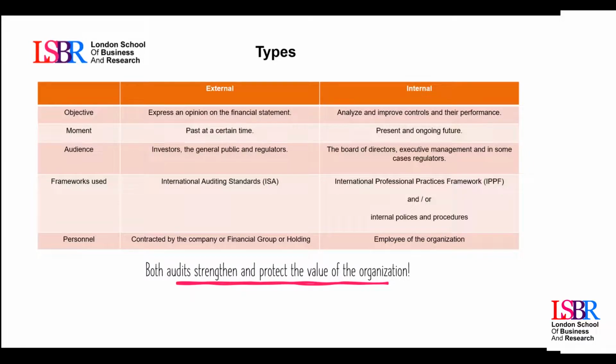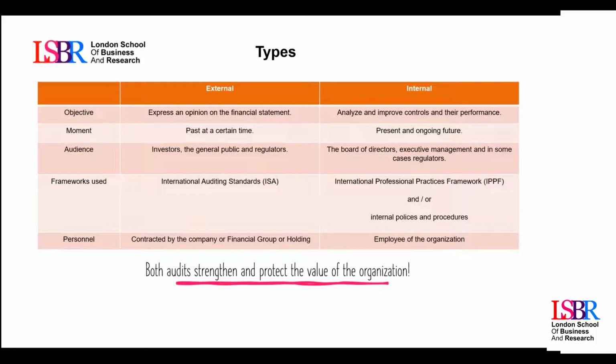So these are firms whose main core is to provide external audit services. So most of the companies hire or contract these audit firms to practice an external audit in the company.